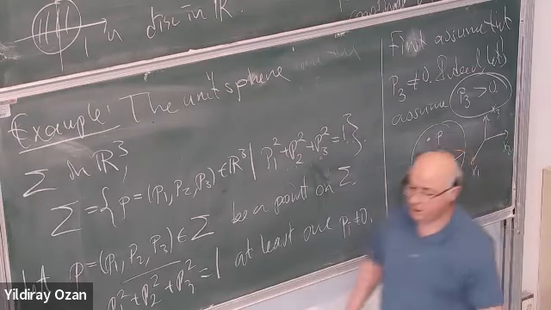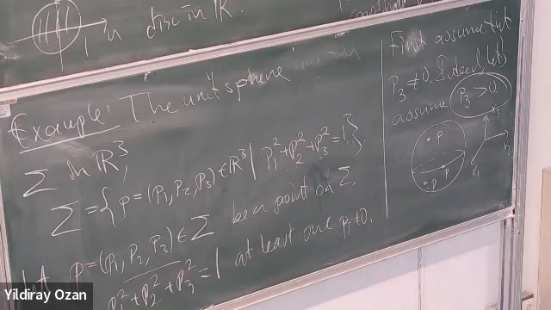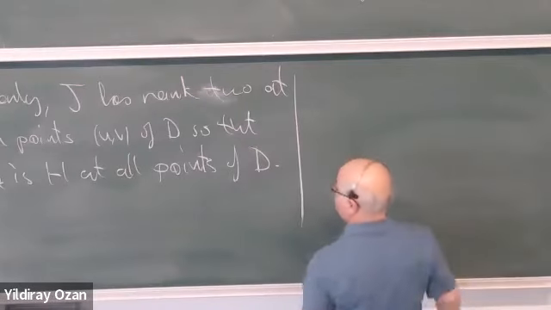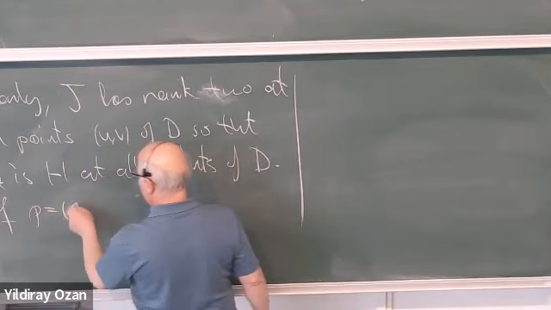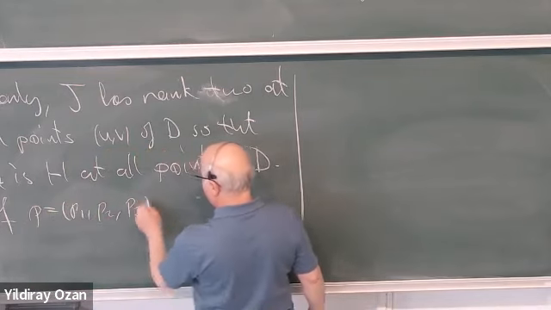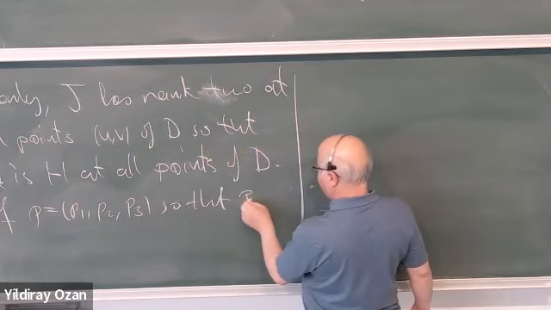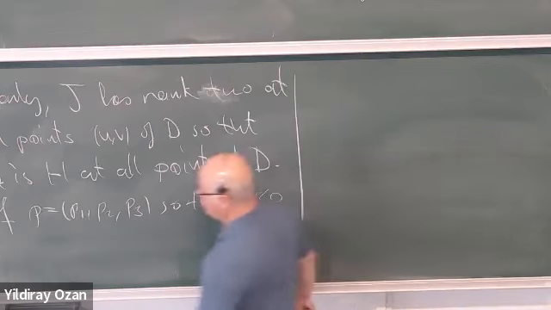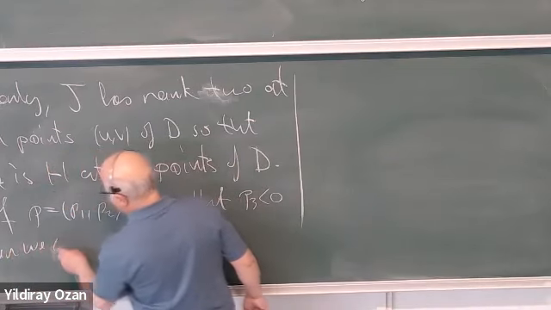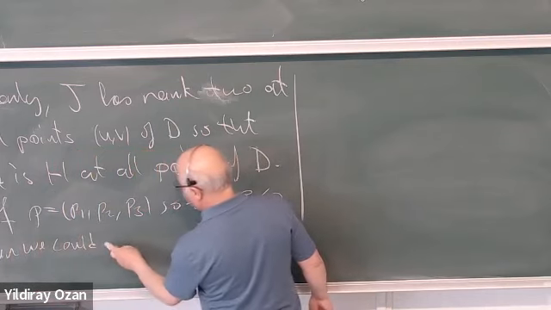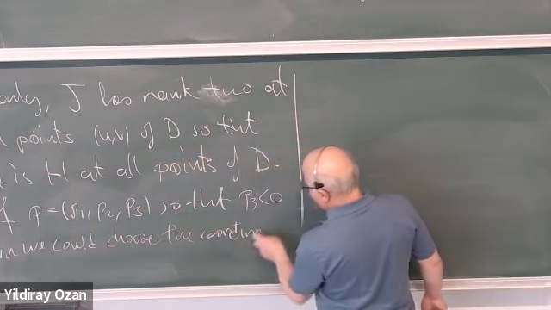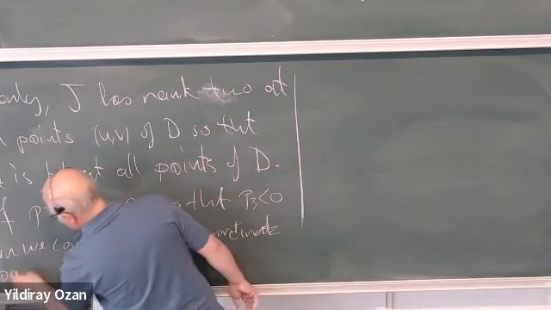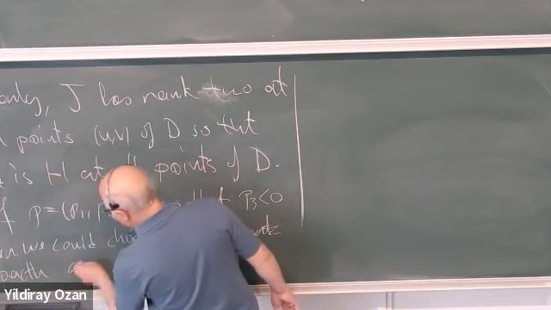For the point where P3 is negative, life is still easy. If P is like this, so that P3 is negative, then we could choose the coordinate patch as follows.